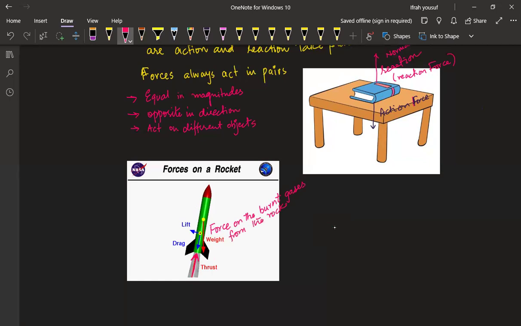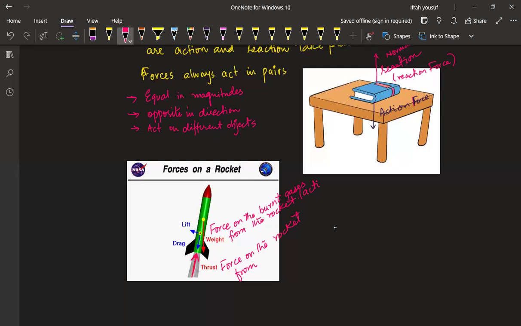When the gases are burnt, a huge pressure is created that pushes it upward, and this is how the rocket gets lifted. There's a thrust formed against that weight, so that's going to be the upward force on the rocket. It's the reaction, so what is the action?